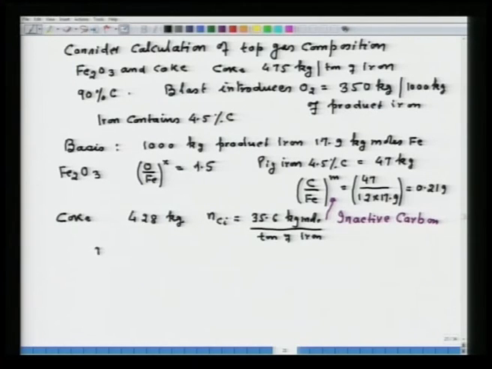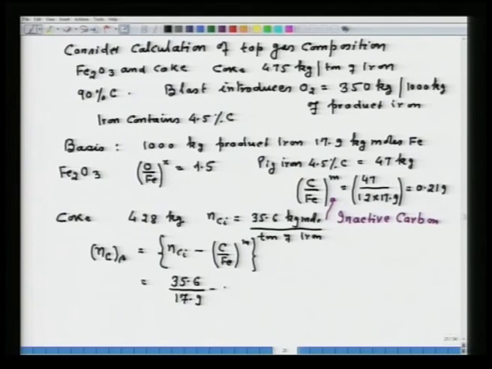Now, to calculate NCA, the active carbon, that will be equal to NCI minus C upon Fe m. So, NCI will be 35.6 upon 17.9 per mole of iron, minus 0.219.